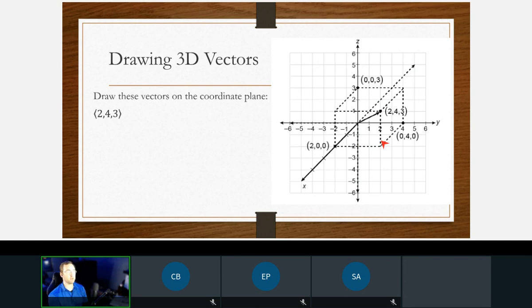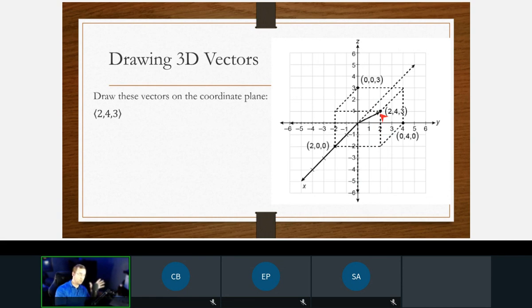So you go up 3. 1, 2, and 3. And that's where we end up. So the origin is where you start, and you draw a line with an arrow at the end, stopping at that point. And then they drew this box to help us visualize three dimensions on a 2D surface.